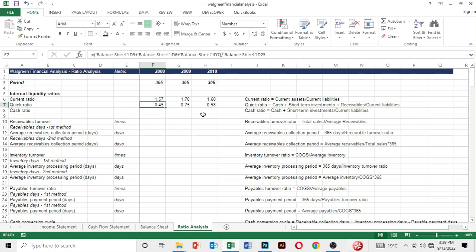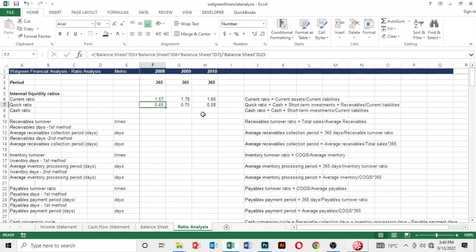For example, the quick ratio says cash is highly liquid, right? And short-term investments, maybe money market investments, those as well are highly liquid. And then we've got the receivables. Our customers can pay anytime, or we can speed up collection.